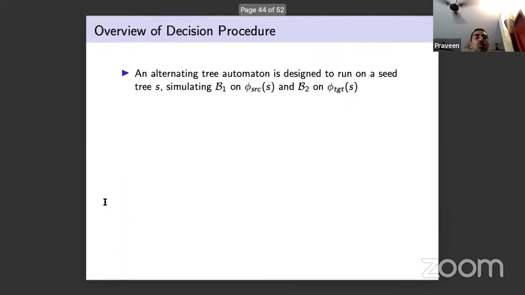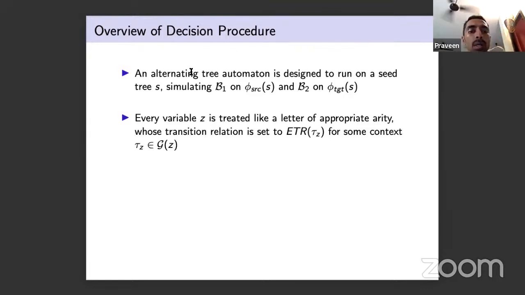Putting all these ideas together, here is an overview of the overall decision procedure. Given an instance of the type checking problem, we design an alternating tree automaton, which is designed to run on a seed tree S, simulating B1 on the homomorphic image by source of S, and running B2 on the homomorphic image by target of S. So it is simulating two automata at the same time. This is the overall function of the tree automaton.